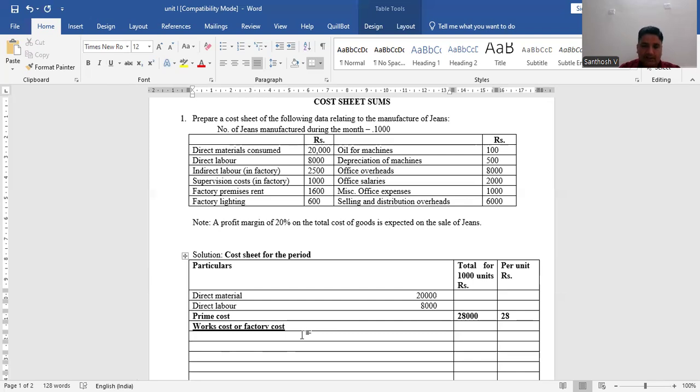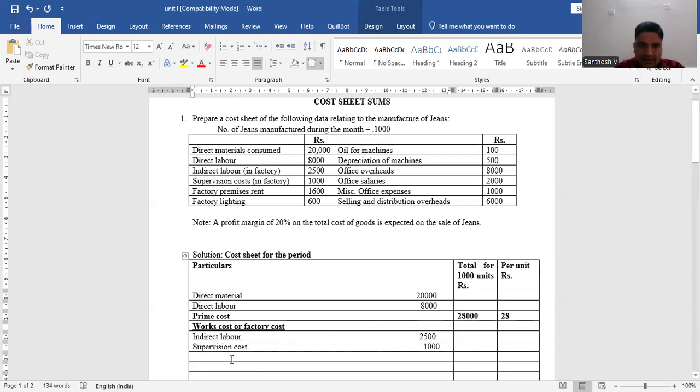All the amounts you have to write in the inner column. First one is indirect labor. The amount for indirect labor was 2,500. In the same way we can see supervision cost. Supervision cost is 1,000.